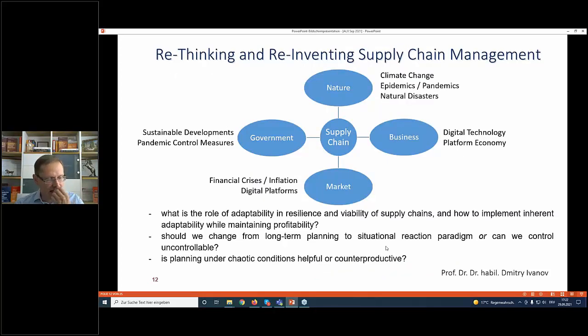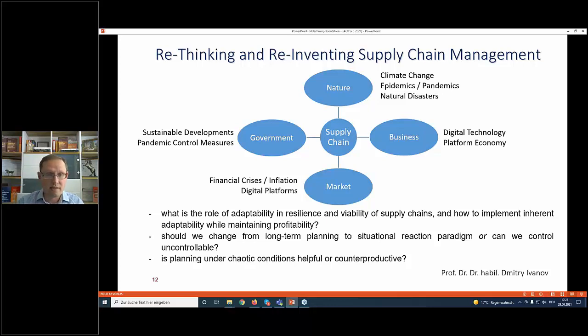Such considerations lead us to rethinking and reinventing supply chain management. Supply chain is exposed to a lot of dynamics from very different parts: from business, which offers more and more digital technology, platforms, economies; from nature, climate change, epidemics, pandemics, natural disasters; from the governments, and also sustainable development, green economies, pandemic control measures.